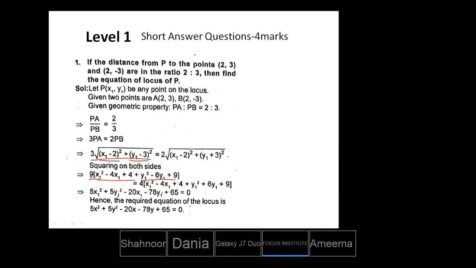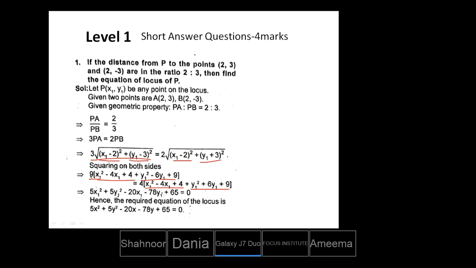Similarly, on the right hand side, x1 minus 2 whole square will be x1 square minus 4x1 plus 4, and y1 plus 3 whole square will be y1 square plus 6y1 plus 9.